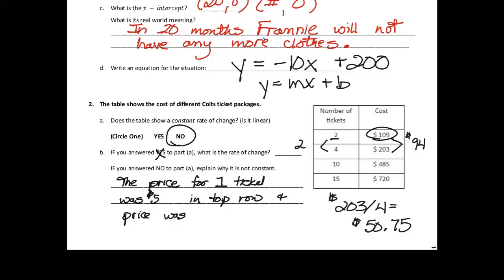That's one way to do it. $54.50 in the first row, and the price per ticket was $50.75 for 4 tickets at $203. Something like that.